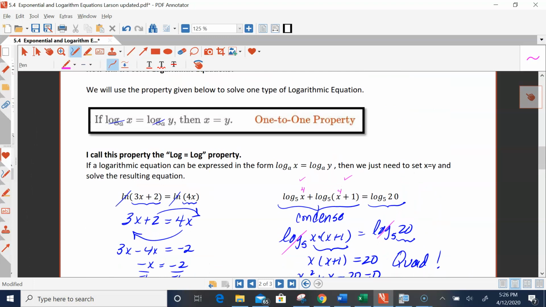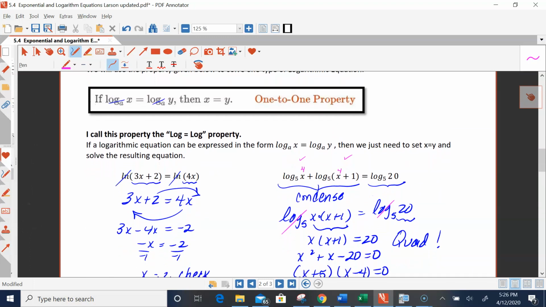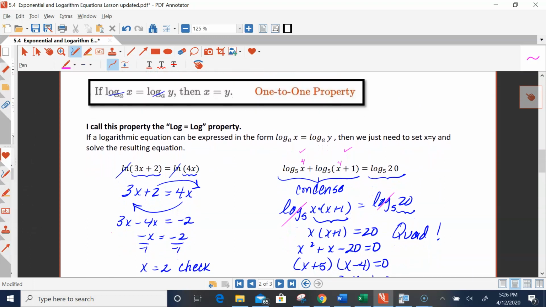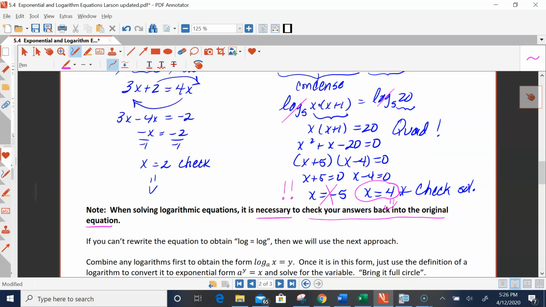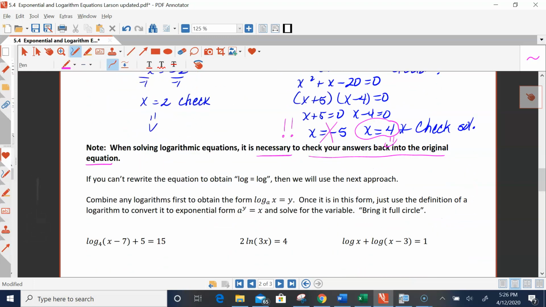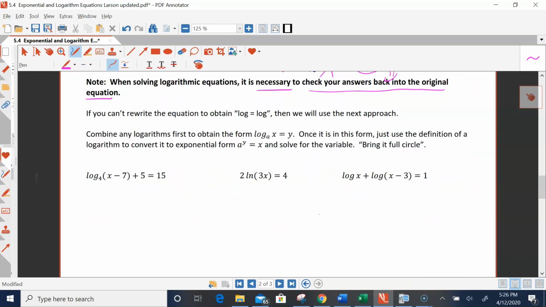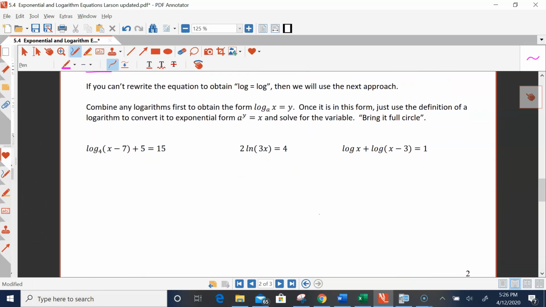Okay, so this was using the one-to-one property when it's in the form of a log equal to a log, or it can be put into the form of a log equal to a log. But what if it doesn't fall in that category? Well, if you can't put it in the form of a log equal to a log, then we will use the next approach by converting a logarithm to the form a to the y equal x.